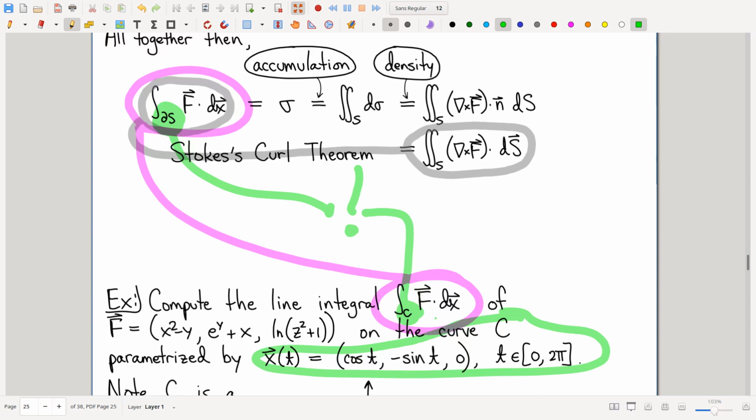That's the beautiful thing about Stokes's curl theorem. Keep in mind this boundary line integral is a circulation. When you view that as a quantity and think about how it adds up over the interior, the accumulation aspect of things, what you end up with is a surface integral, even though the quantity itself is a line integral.